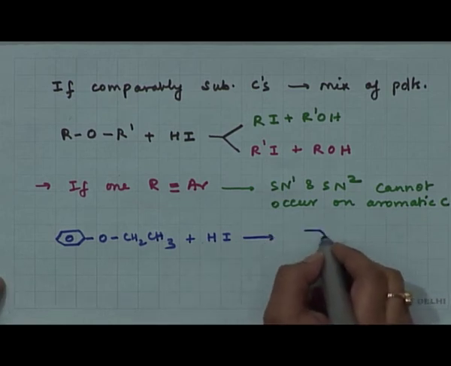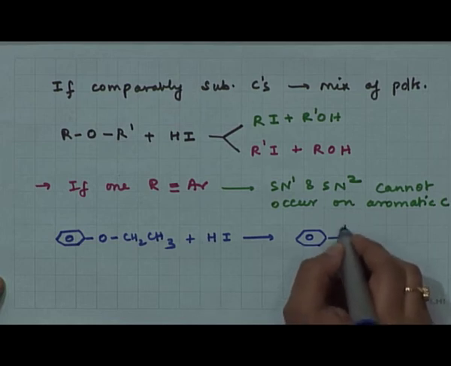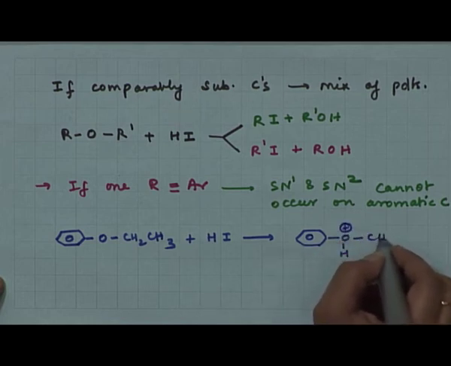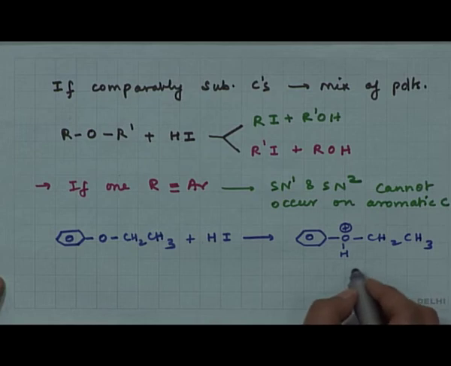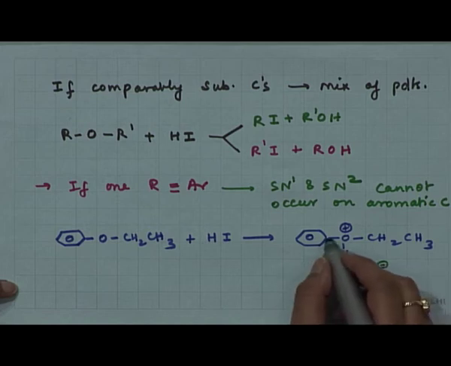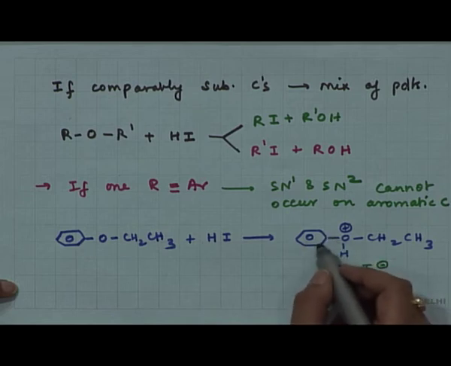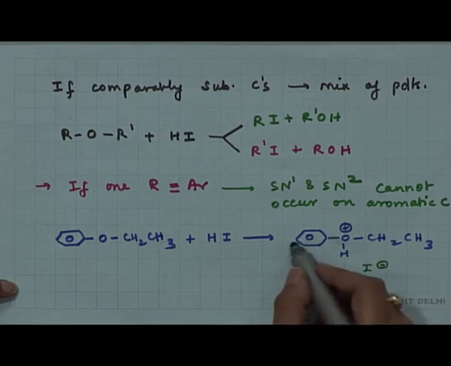So, your first step is the protonation, which gives you this protonated ether, and now when your iodide comes, it cannot attack here, right. Phenyl is not a stable carbocation, and SN2 cannot occur from the rear side.